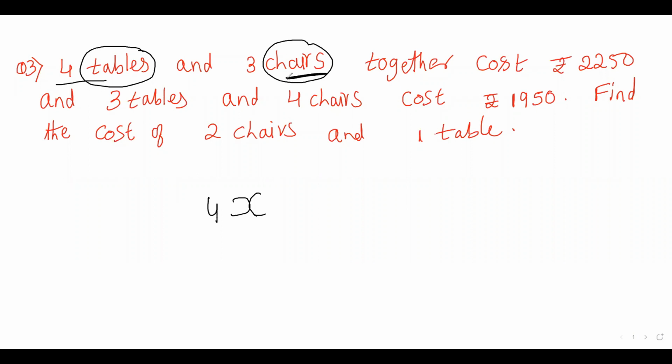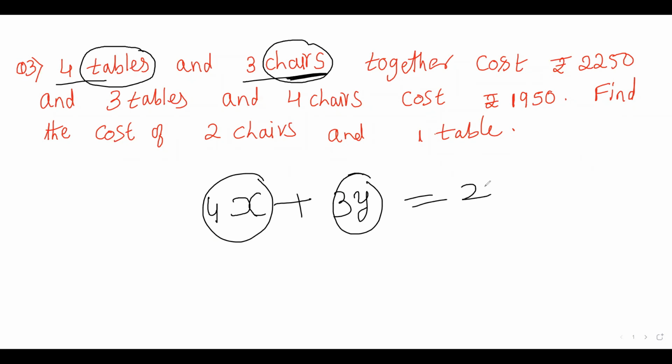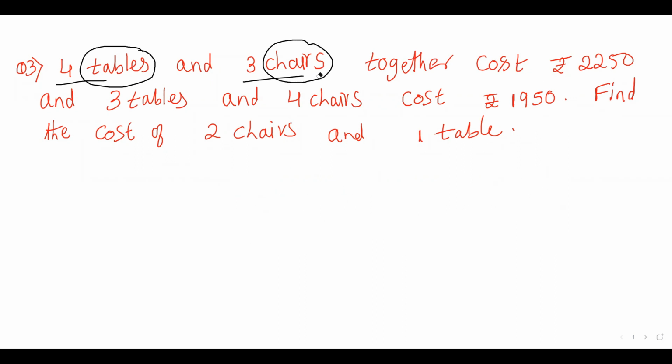If the cost of each chair is y, the cost of 3 chairs will be 3y. 4 tables cost plus 3 chairs cost, total is 2250. In this way, equations are formed. Let us start the solution on the next page.